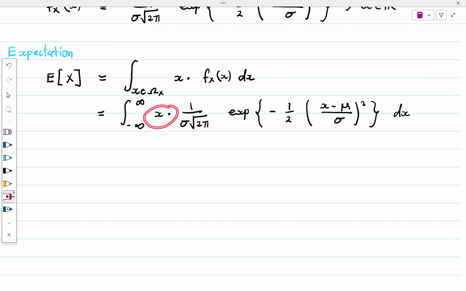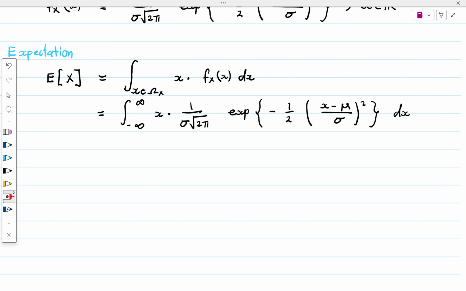I also have an x here. So theoretically, there might be a way in which we have the derivative down the front here and a power of x squared inside the exponential. So maybe somewhere down the line, we're going to be able to integrate this quite easily.